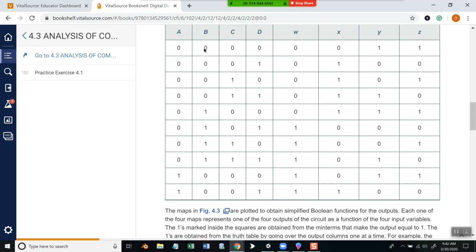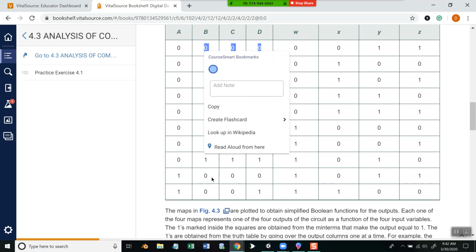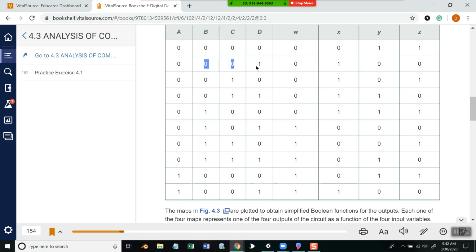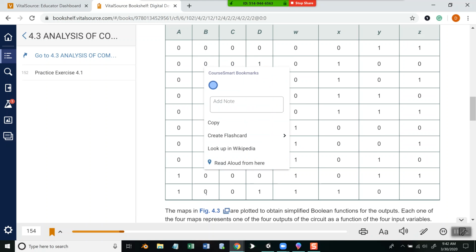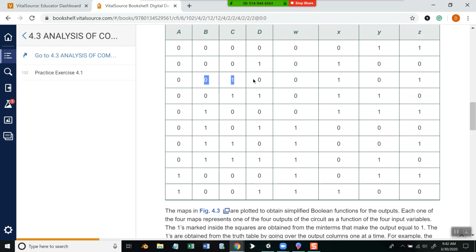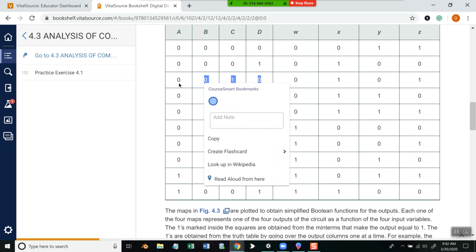Actually, I can just use these up here. 0 0 0 0 0 0, 0 0 1 0 0 1. So the remaining ones, starting with here, would be the same except they have a 1 there.